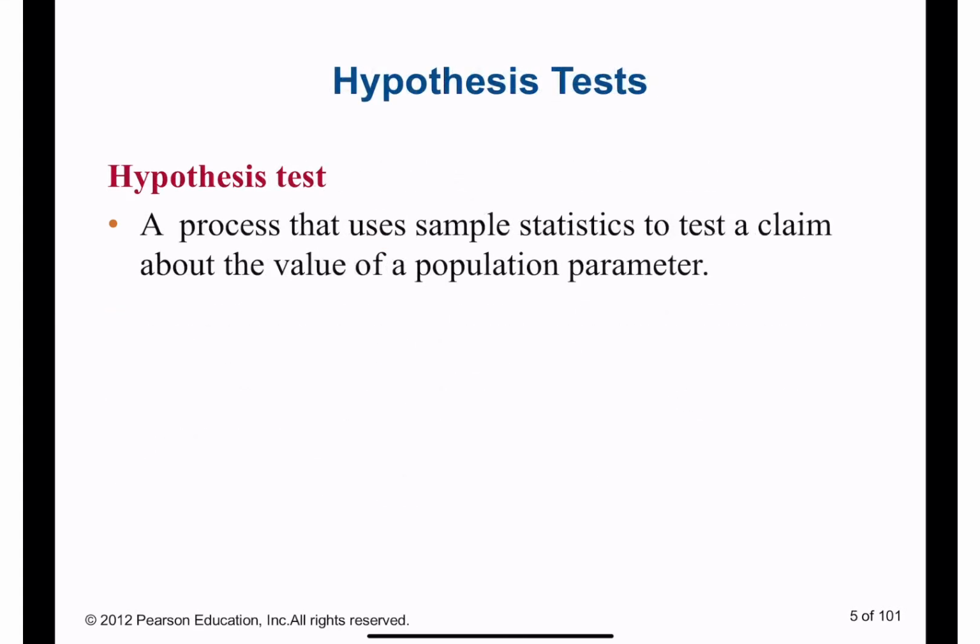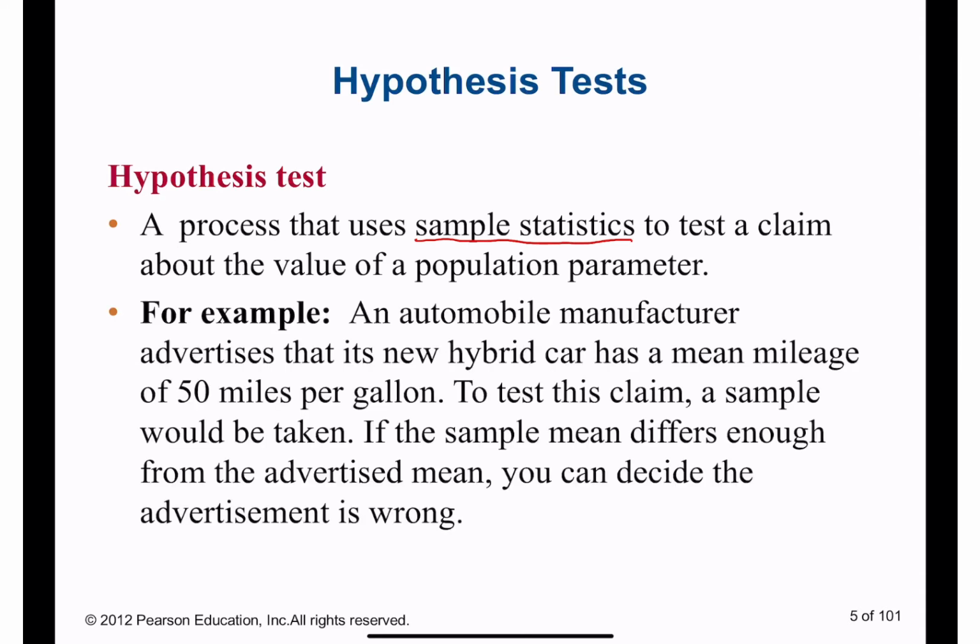So what is a statistical test by definition? It's a sample statistic; the sample is going to test the claim about the value of a population parameter. Here is an example. An automobile manufacturer advertised that its hybrid car has a mean mileage of 50 miles per gallon.